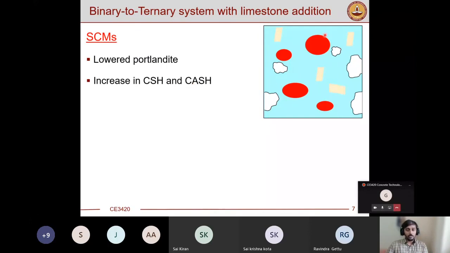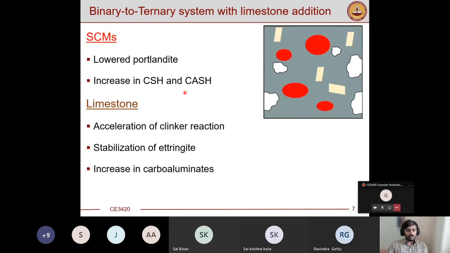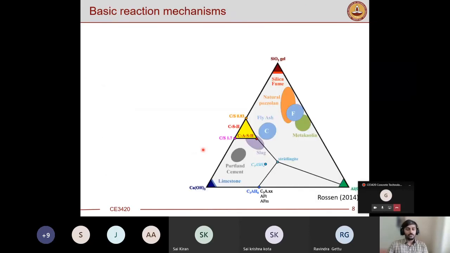And then you replace some more clinker, right? When you replace more clinker, you need to fill this space much more rapidly. So you have the acceleration of clinker, stabilization of ettringite, and increase in carboaluminate phases. So you have 5 different reactions happening in parallel when you have a combination of limestone calcined clay kind of binders, right? So let's look at the basic reaction.